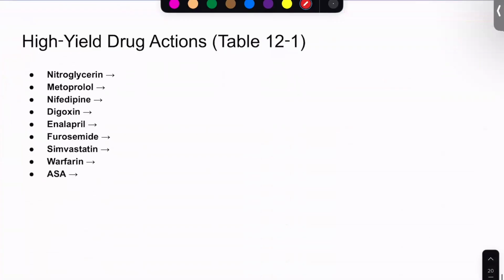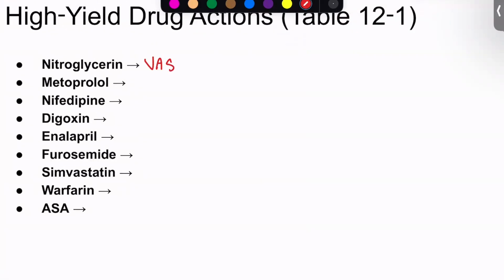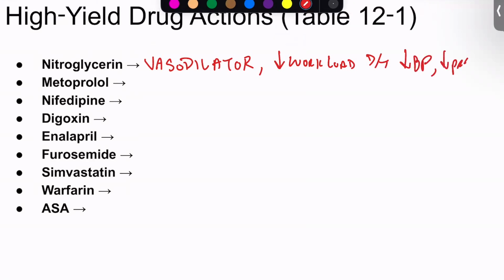All right, high yield drug actions table. So nitroglycerin, again, this is a very potent vasodilator. And what this is doing is it's decreasing workload due to it decreasing our blood pressure and decreasing our preload.